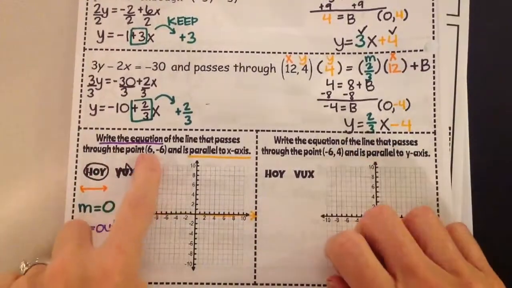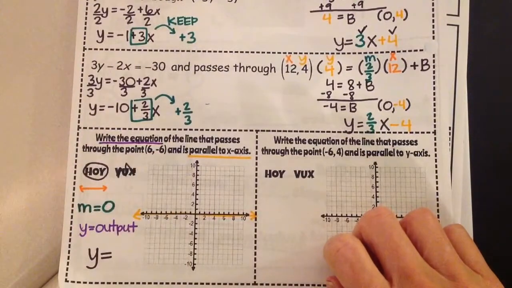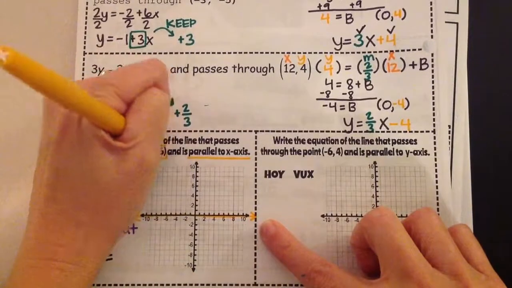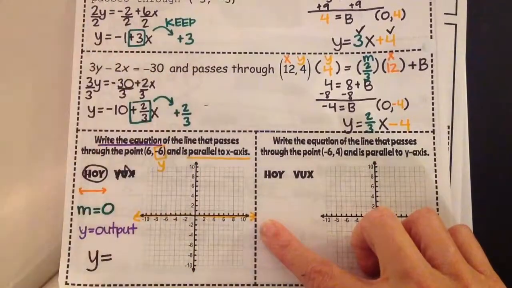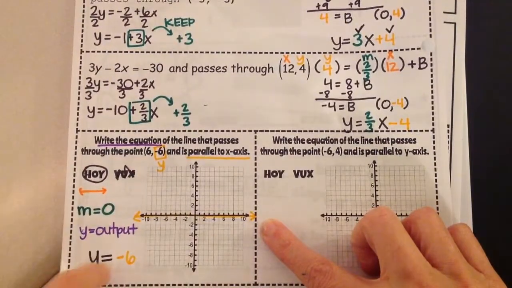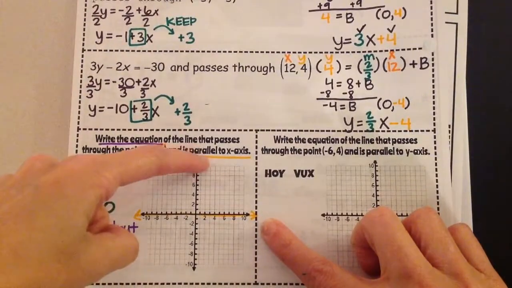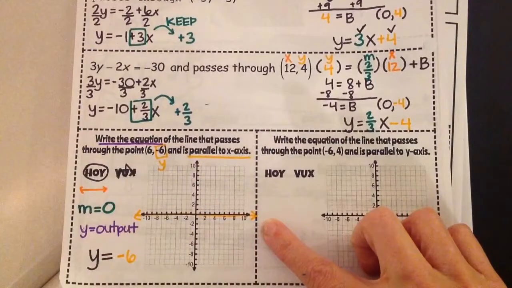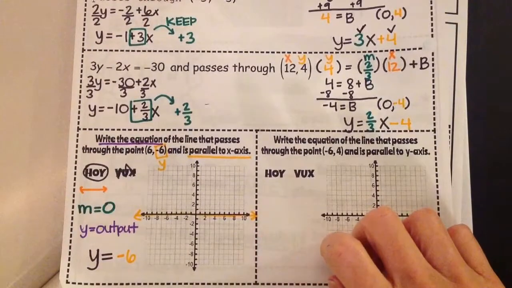Look at this point, (6, -6). If you know where y is in an ordered pair, it's the second number. Your output value is -6. There is your equation for a line that is parallel to the x-axis and has the point (6, -6) on its graph line. But I'm going to graph this by hand to check my math and my thinking.